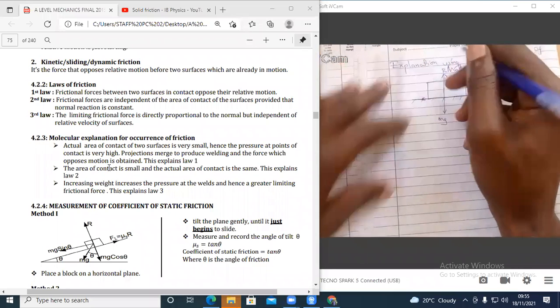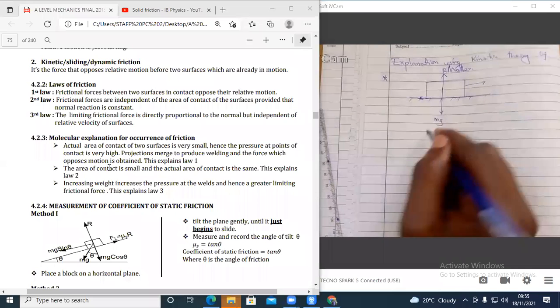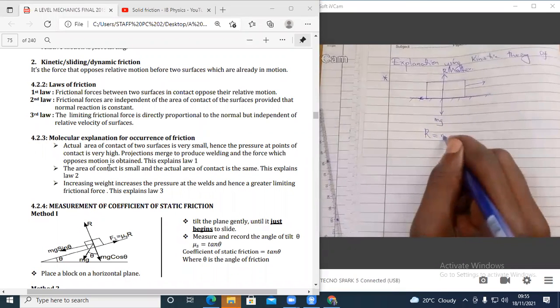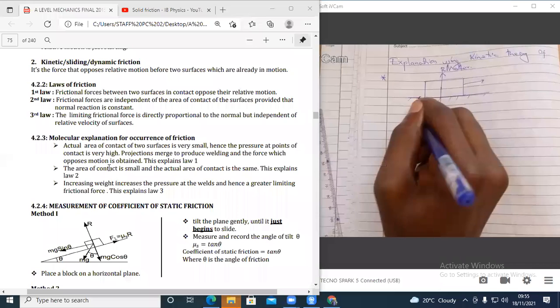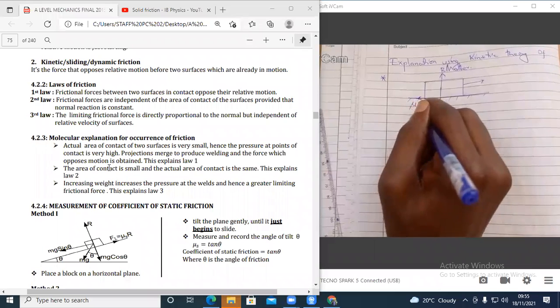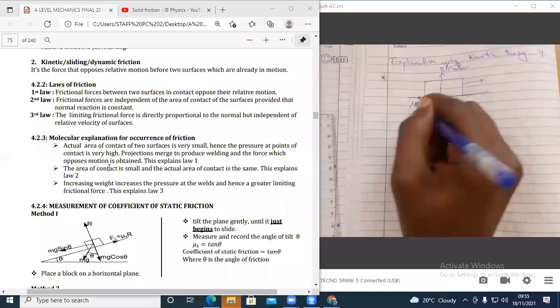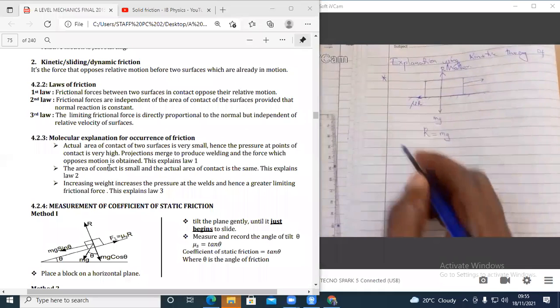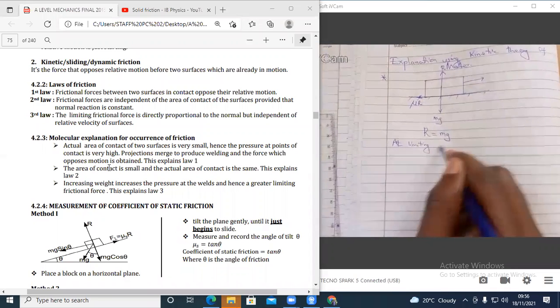For this to be experienced, the normal reaction must remain constant. And we know that normal reaction is equal to mg. So this is our frictional force, and frictional force is given by mu R. And this one is at limiting friction.